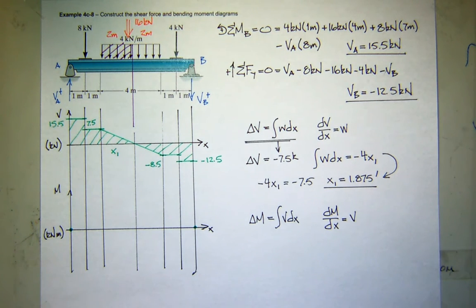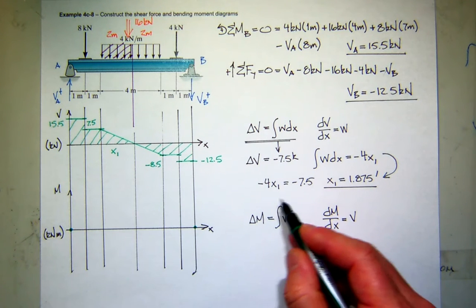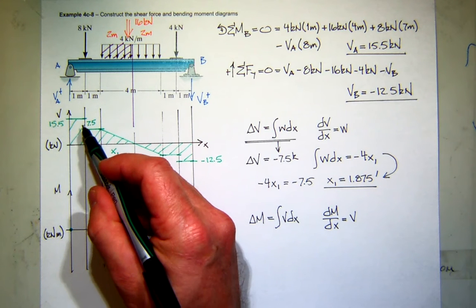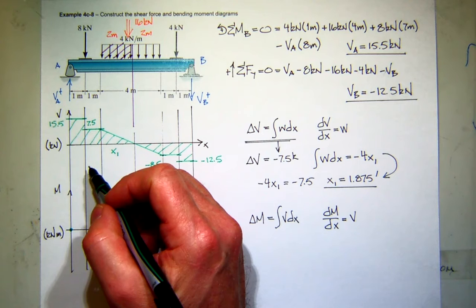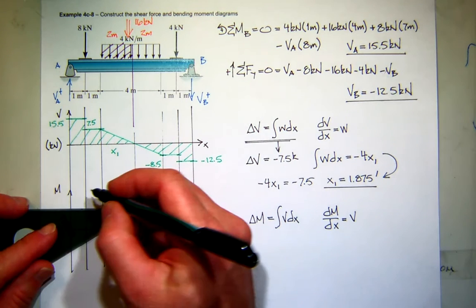So let's use those. Starting over the first section, we know the change in moment is the area of the shear diagram. What is the area under the shear diagram here in this first section? Well, it's base times height. Base is 1 meter, height is 15.5, so it goes up to 15.5.